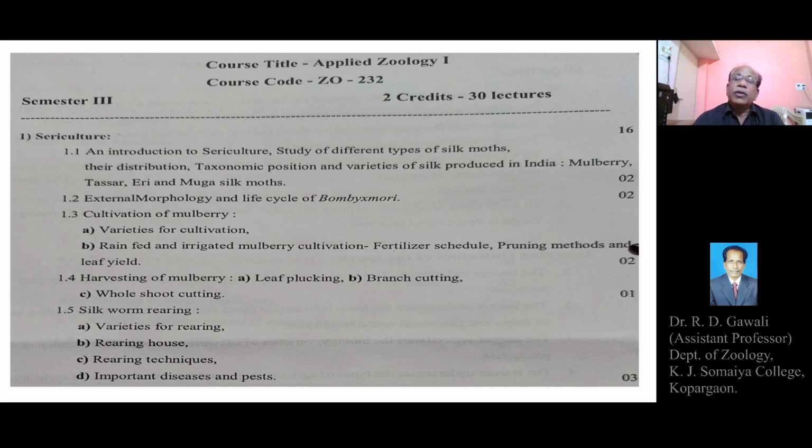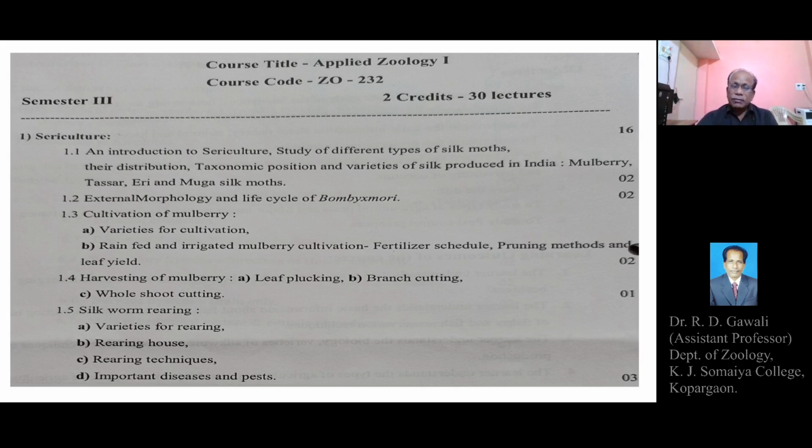So the multivoltine strains or varieties can be grown, and the sericultural practice can be continued throughout the year, and we can obtain the cocoons 2 to 7 times.